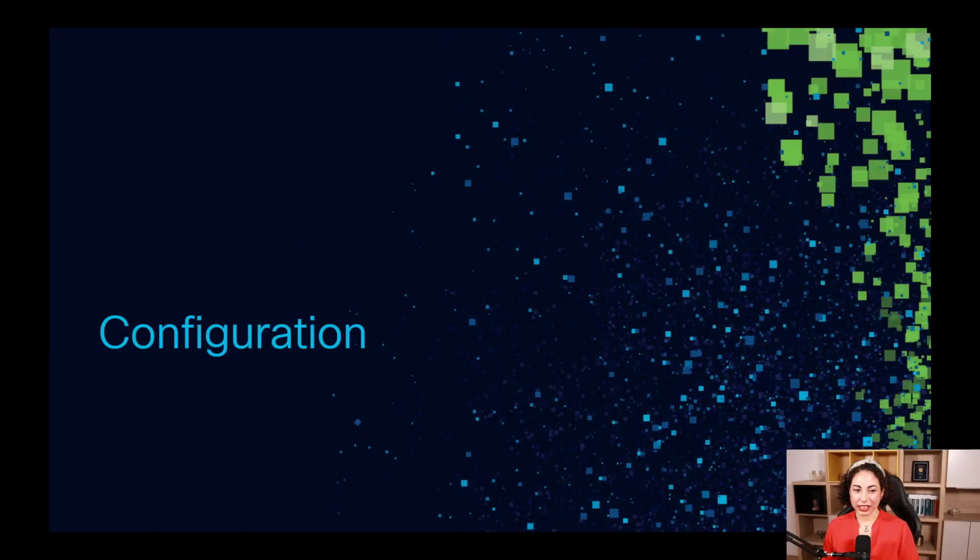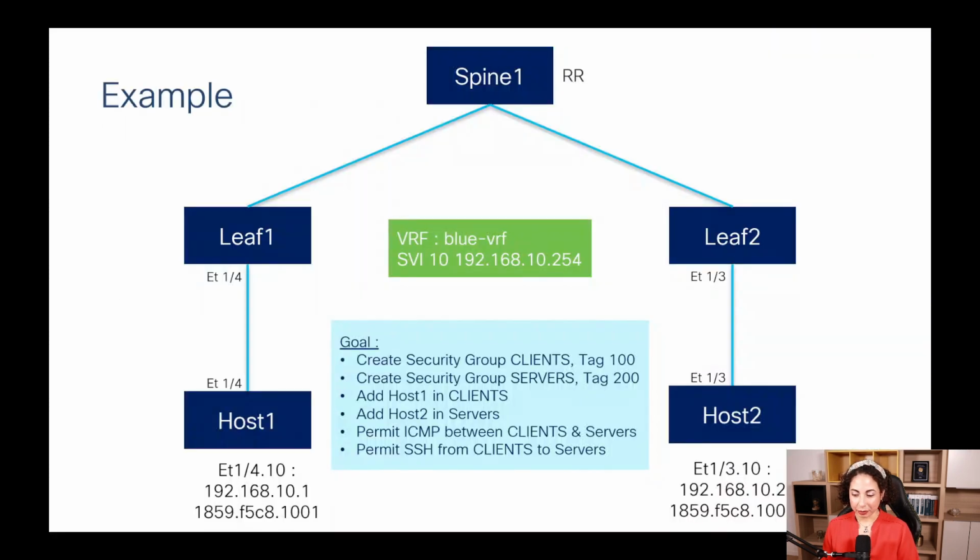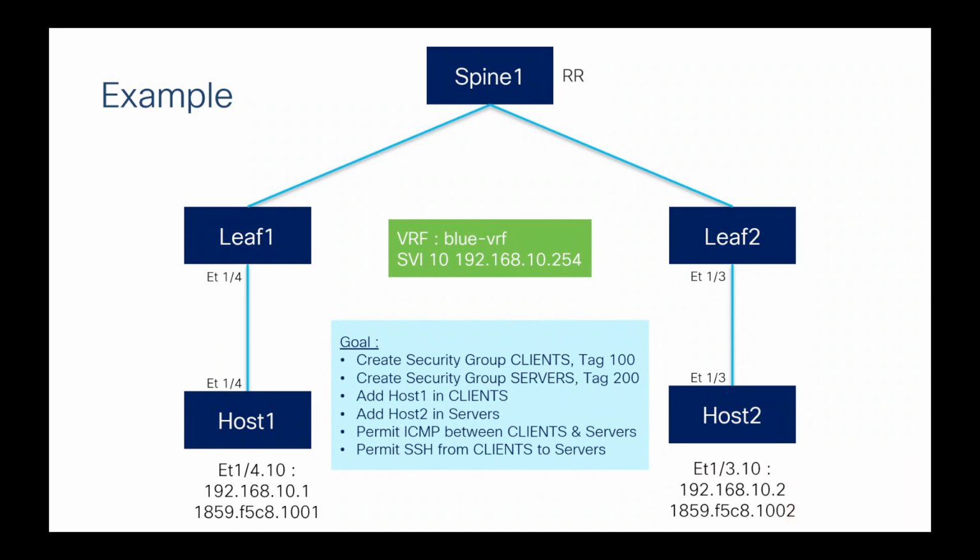So as I was mentioning, the main goal of this recording will be to do the configuration in a lab environment. And speaking about the lab, this is what we will be using. Let me just remove my face so that I can show the whole screen. Okay, what do we have? We have a small fabric that consists of one spine and two leaves. I have already done the configuration of the fabric.